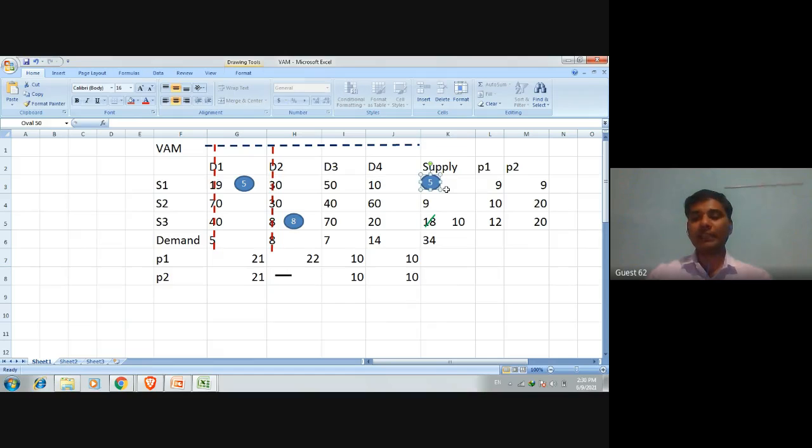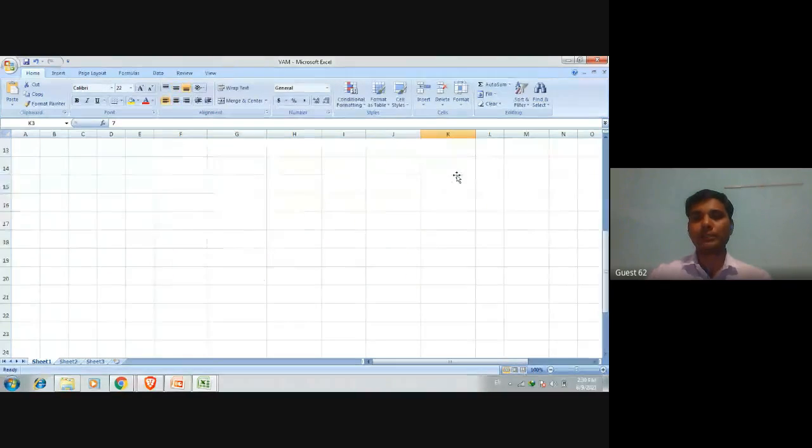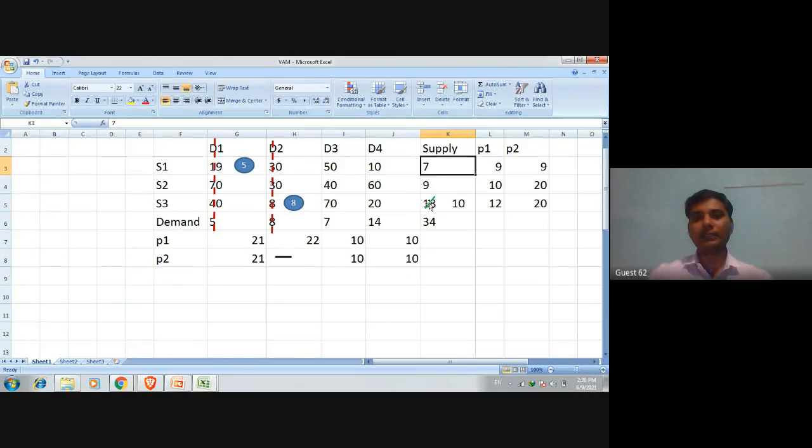So 2 units are left with plant S1. We will cross the 7 and write 2 here, because now 2 units are left with plant S1.